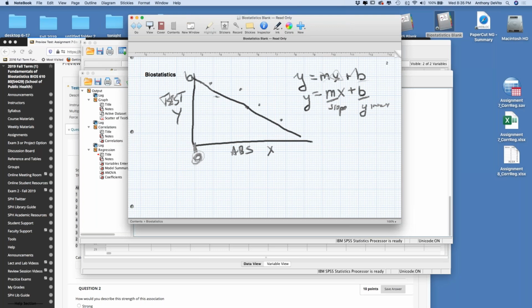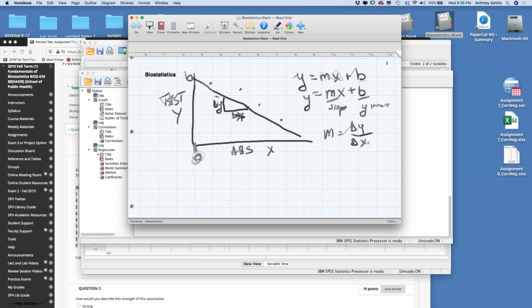Now the slope is the change in y over the change in x. So the slope is equal to change in y over the change in x. In other words, the top part of this is how much y changes for a change in x.